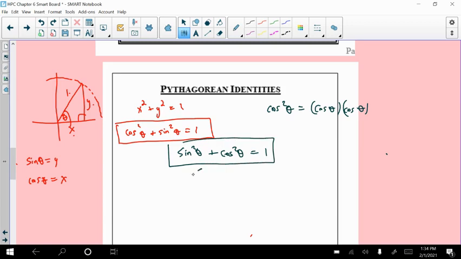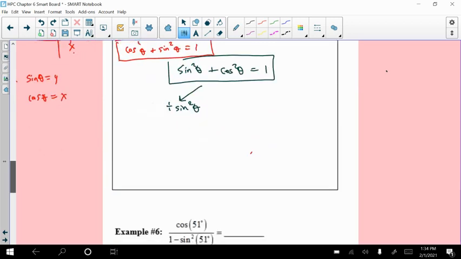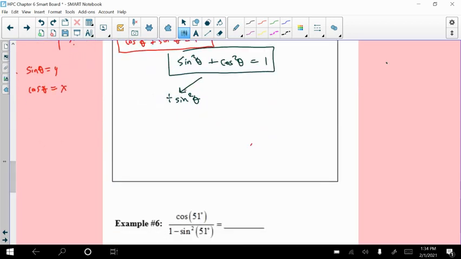The first one I'm going to get is by dividing every term by sine squared. So sine squared divided by sine squared, which I know can simplify, plus cosine squared divided by sine squared equals 1 divided by sine squared.